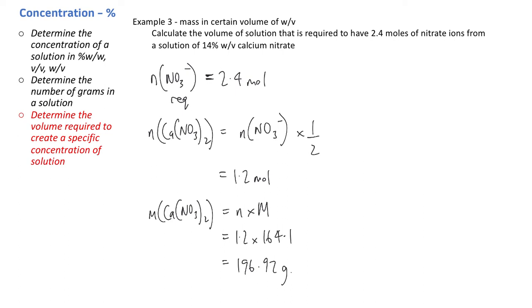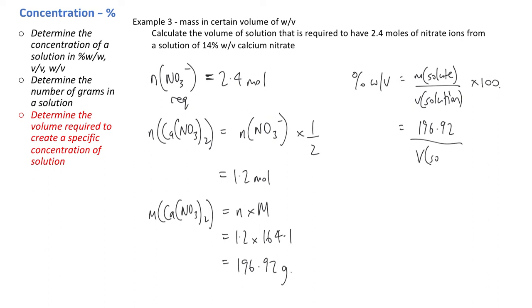The percentage weight for volume equation would be the mass of the solute, which is what we're looking for, over the volume of solution times 100. I need 196.92 grams.